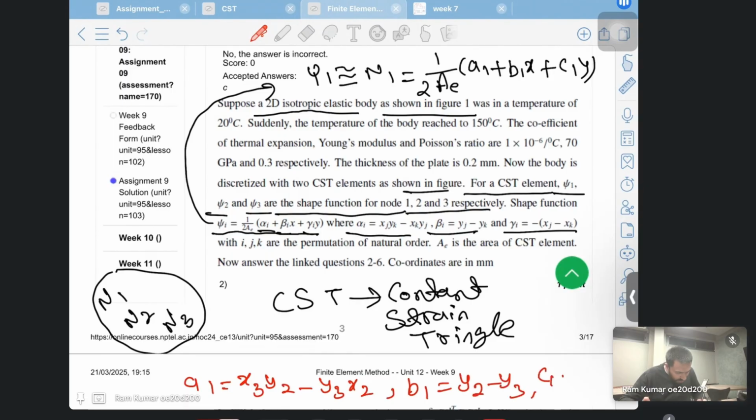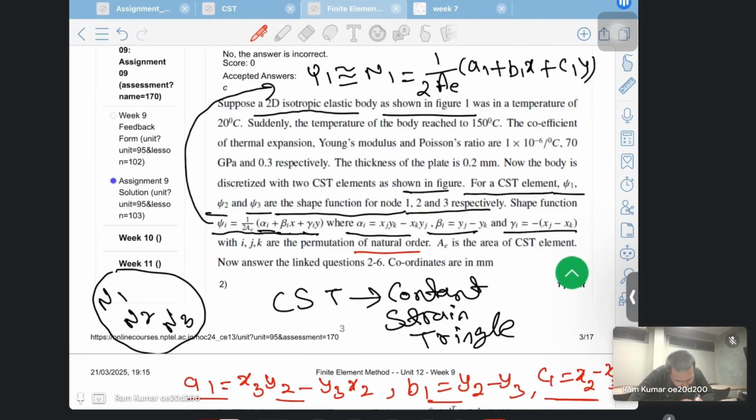What will be C1? C1 equals x3 minus x2. So this will be our value. They also mentioned that i, j, k are the permutation of natural order.